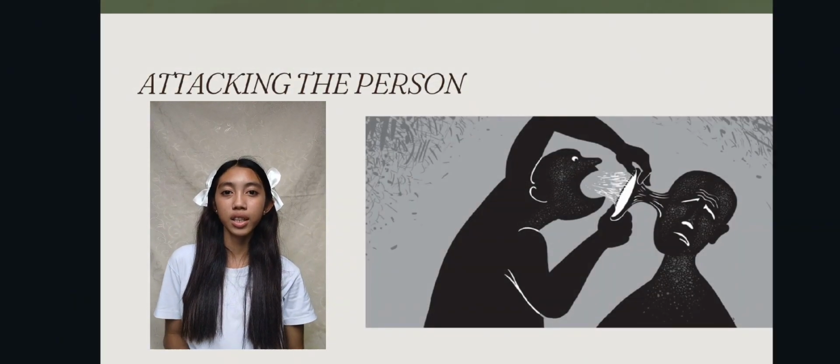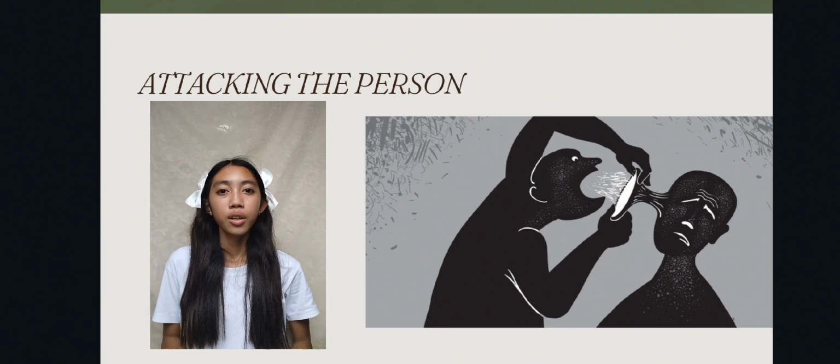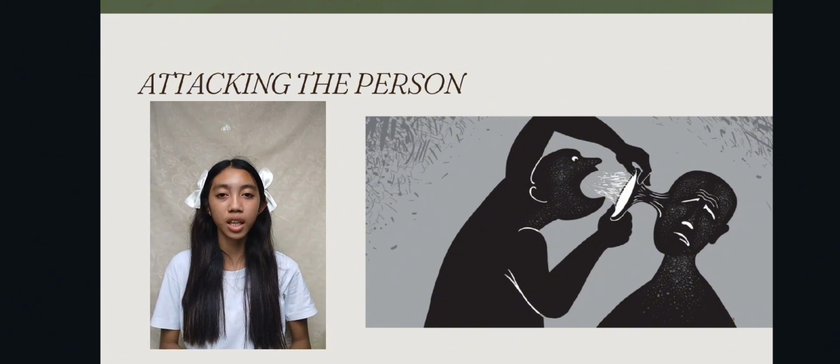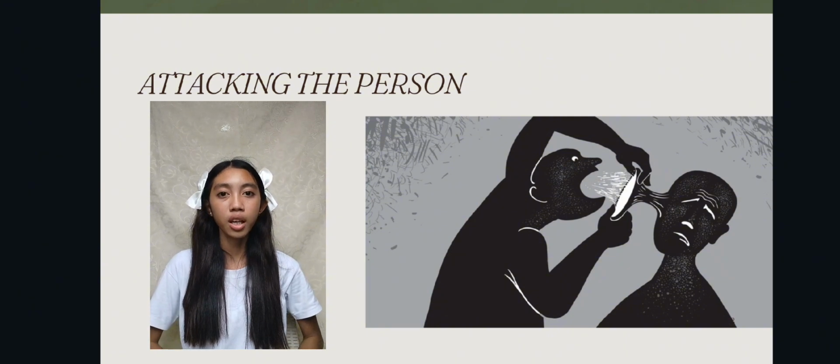Attacking the person fallacy, also known as ad hominem, occurs when an argument is redirected against the person making the claim rather than addressing the substance of the claim itself. Instead of providing counter-arguments or evidence, this fallacy involves attacking the character, motives, or personal attributes of the individual presenting the argument.